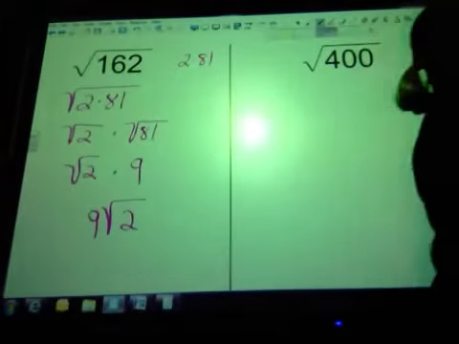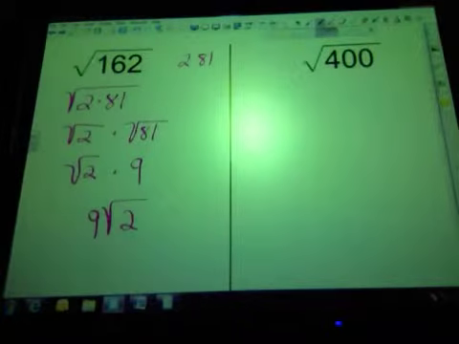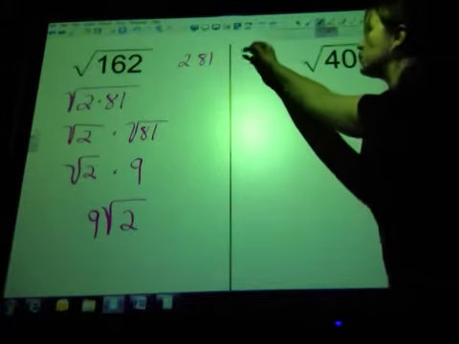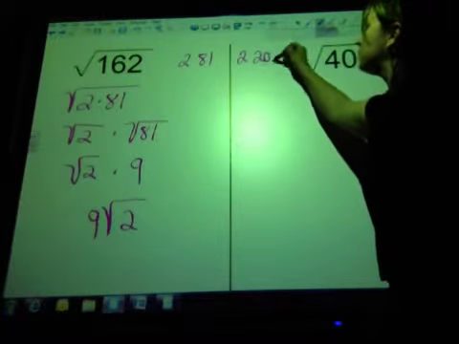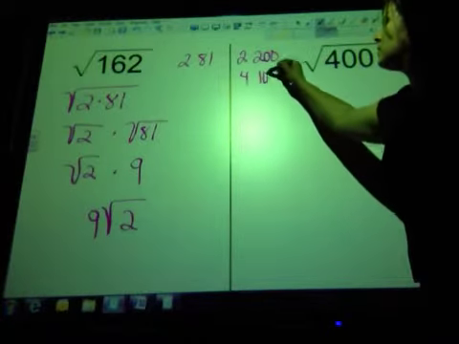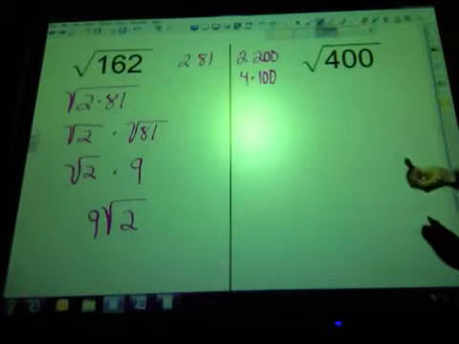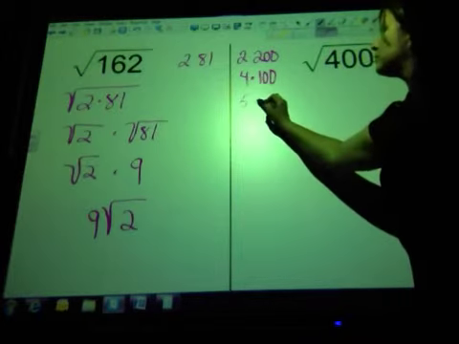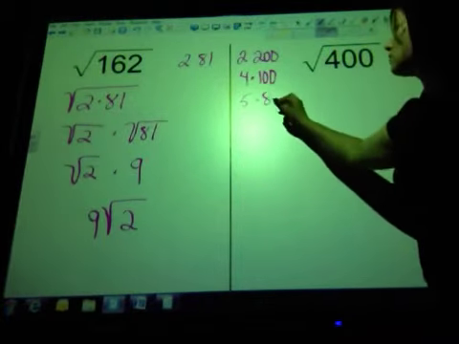On this one over here, we have the square root of 400. So we need to figure out what numbers go into 400. We could do 2 because it's an even number, so 2 times 200. Or 4 times 100. Or 5 times 80.